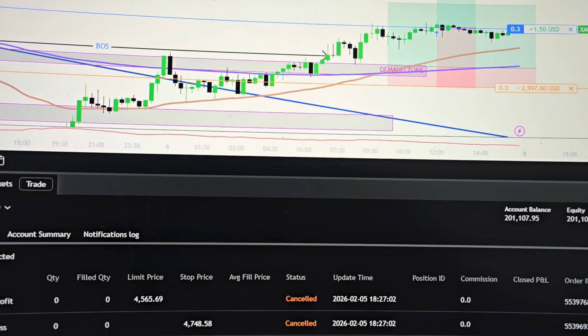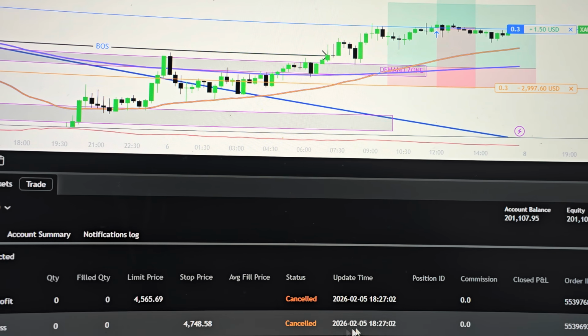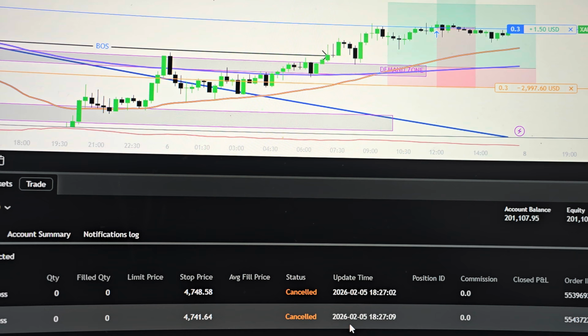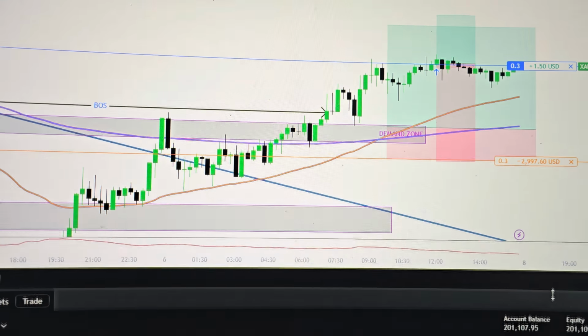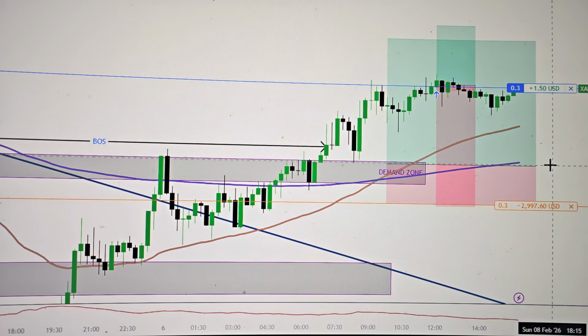Let's go to the canceled orders for today, 2/6. And I think this is it. This is the order that we didn't get tapped into. It was a buy limit order at 48.94 if I'm not mistaken. So if we go to see what this price is, boom, there we go, 48.94.